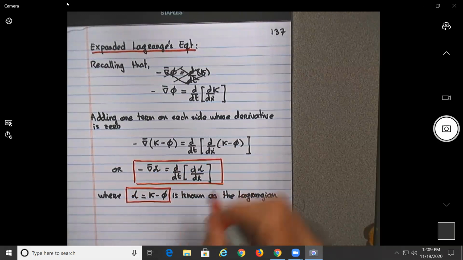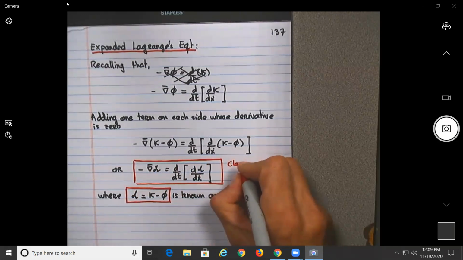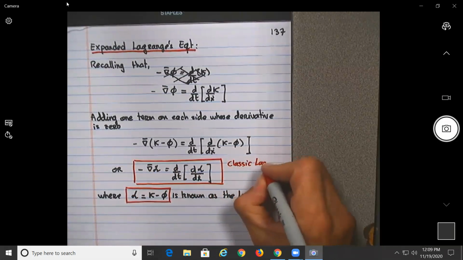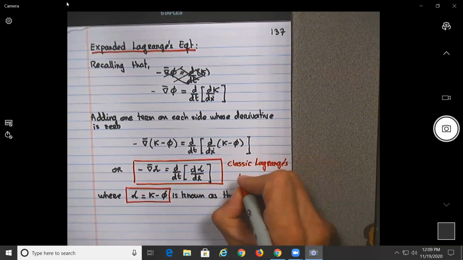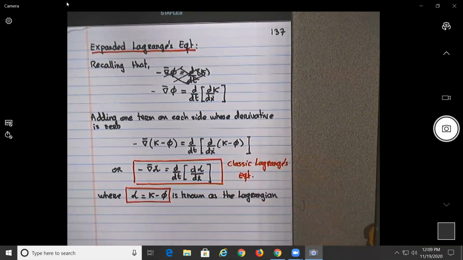So if you want, this will be the classic Lagrange equation. But I think the other is going to give you the same results, and it's a little bit easier.